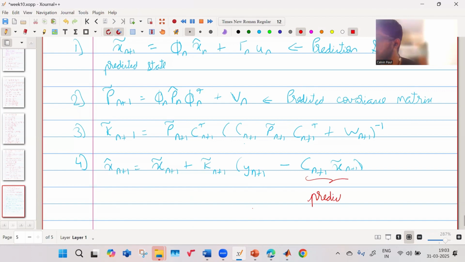This part is my predicted output, and this part is my measured output.